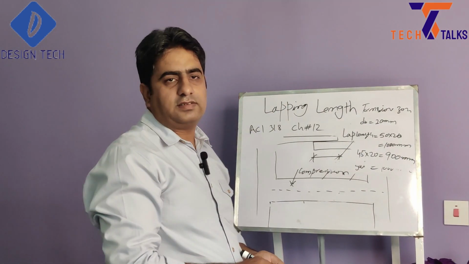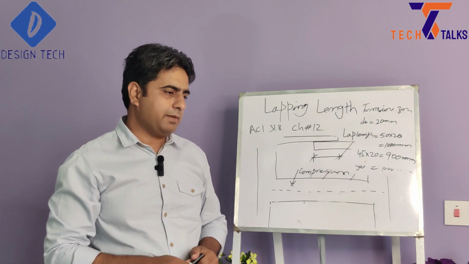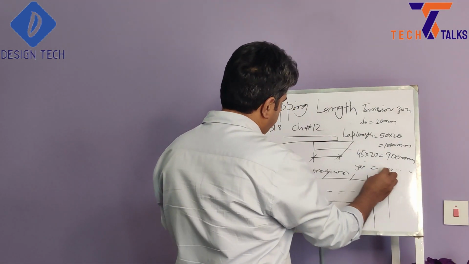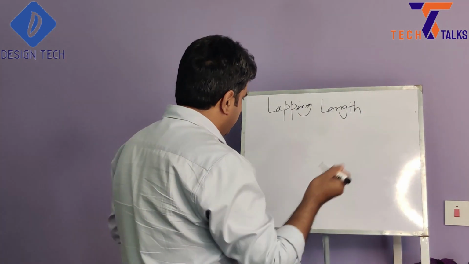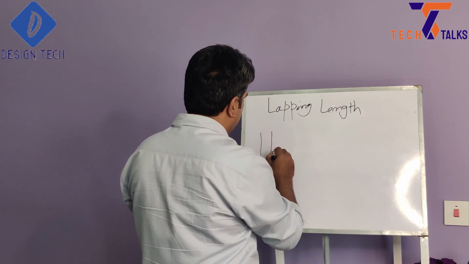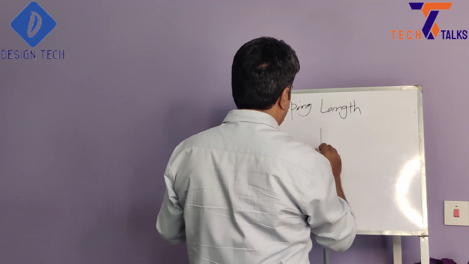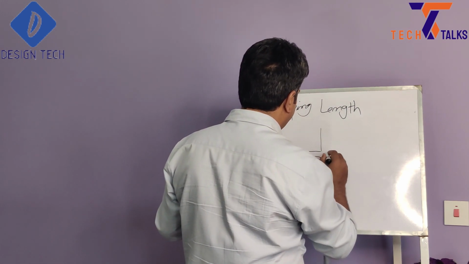Now we will discuss how to select the location of this lap, that we will discuss here. We will draw here a beam to learn how we select the location. I will show here one continuous beam for more clarity.